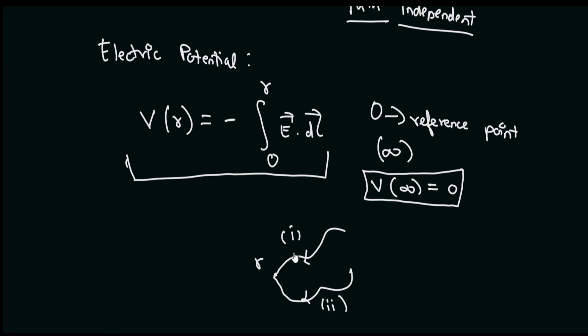If the line integral depended on the path, then the potential would not be a function of r, since its value would depend on the path we take. If we come along path 1, it would have some value, and along path 2, some other value. Therefore, in order for this definition of potential to make sense, we need the line integral of the electric field to be path independent, which it is. Therefore, the potential is a function of position r, and not the path.